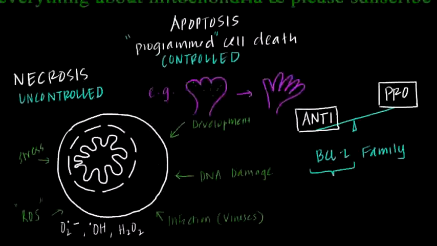Now, the purpose of increasing the permeability of this outer mitochondrial membrane is to allow a particular molecule that's normally found within the intermembrane space, and actually it's often loosely associated with this inner mitochondrial membrane here, but when this permeability increases, it allows this molecule to exit the intermembrane space and enter the cytoplasm.